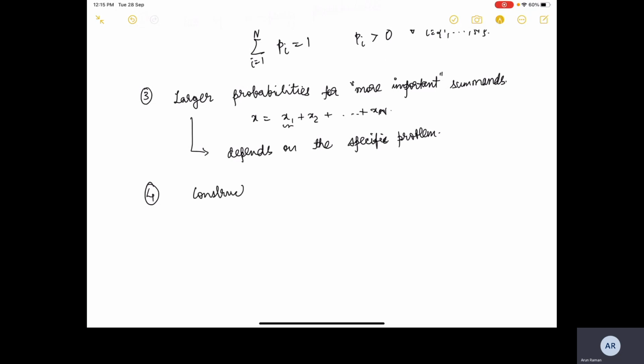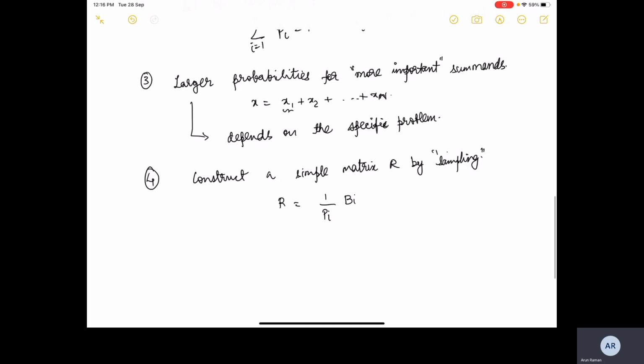we will construct a simple matrix R by sampling. Then we will define R as 1 upon Pi into Bi.